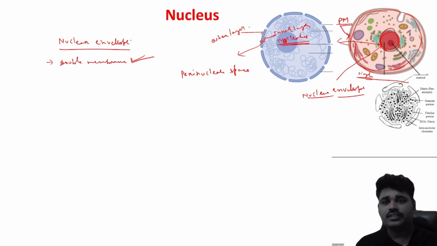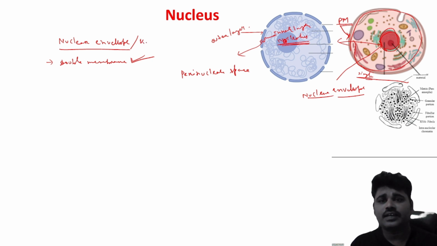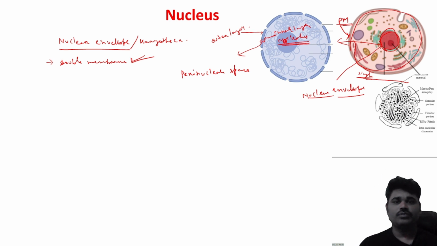The nuclear envelope is also called the karyotheca. So now come again. This is the outer layer, and this one is the inner layer, and the space between them is called the perinuclear space.